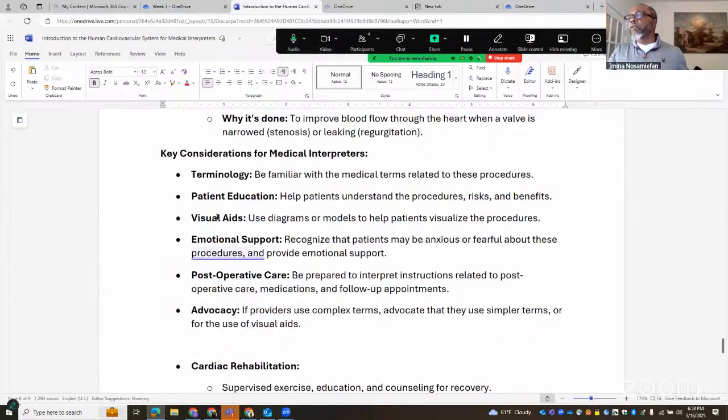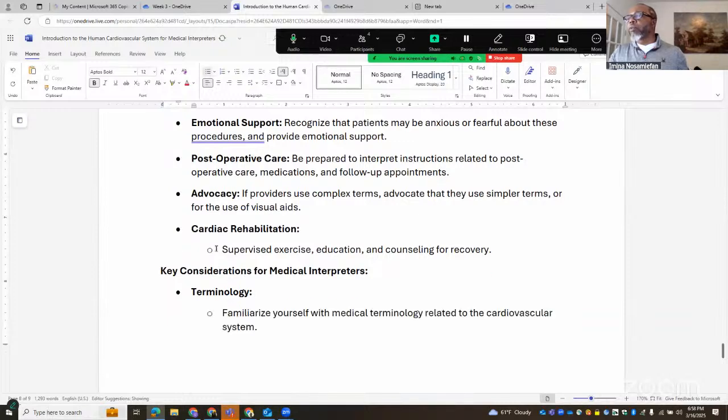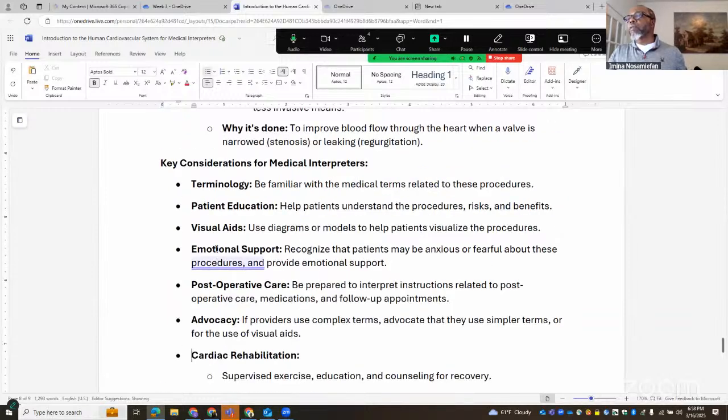Okay, so this is what you need to do. Be familiar with terminology. And then, of course, there's cardiac rehab.